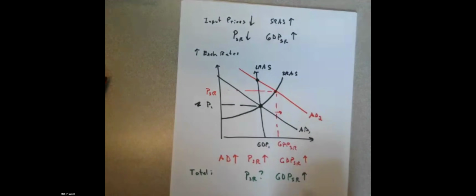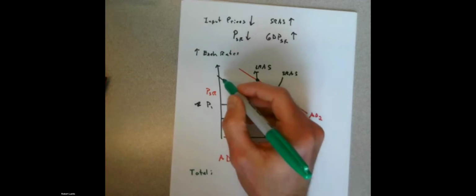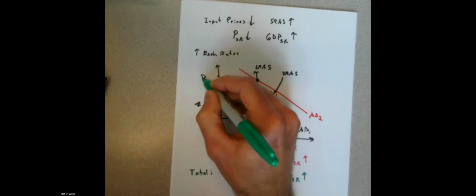Now, what's going to be the impact on the long run? Well, if short run GDP is increasing, when these shift, nothing is happening to long run aggregate supply. So in terms of GDP, our new aggregate demand is hitting long run aggregate supply up here. So our long run prices, because of this aggregate demand shift, will be even larger.